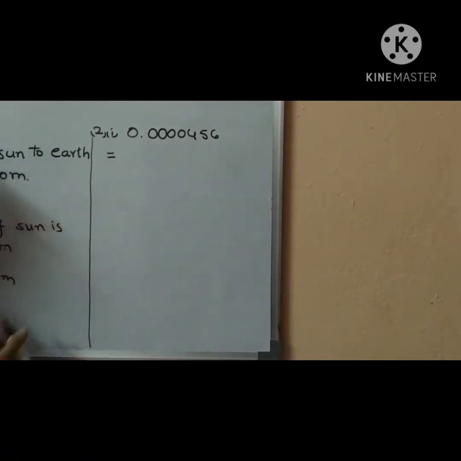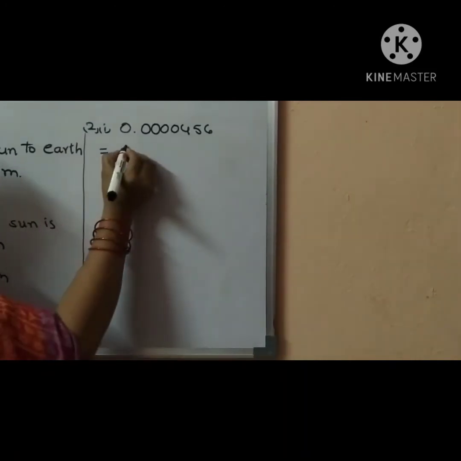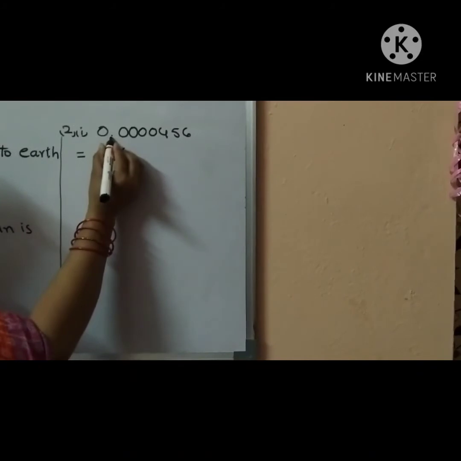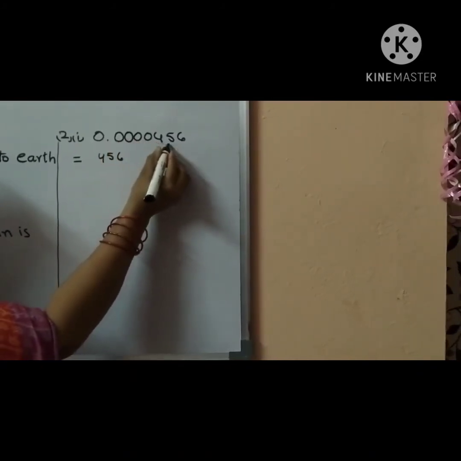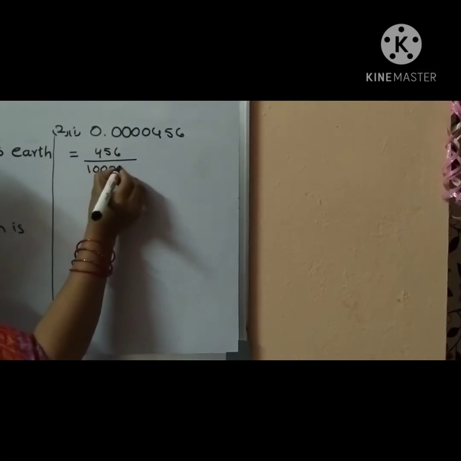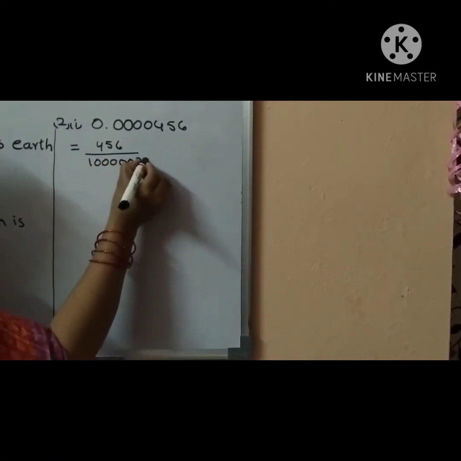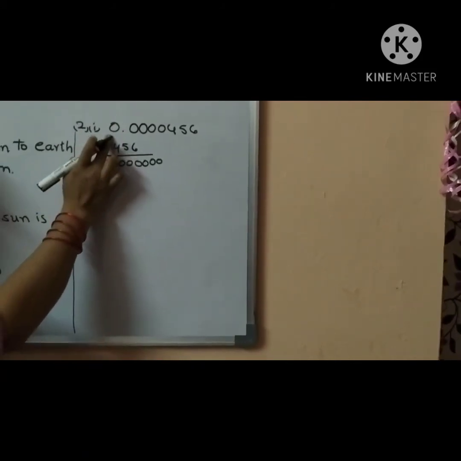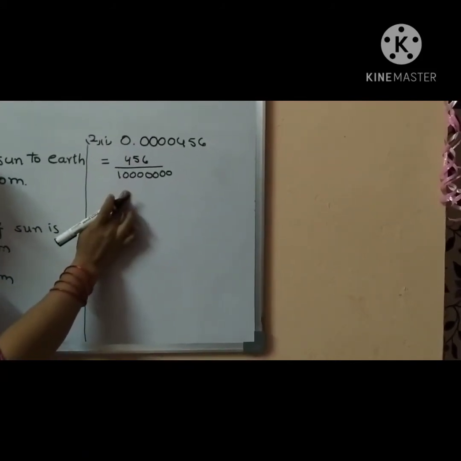So first you change it to a fraction. So 456 by how many digits are there? Points after: 1 2 3 4 5 6 7. So here write 1 after 7 zeros in the denominator. Because it is a decimal number, change it to standard form.